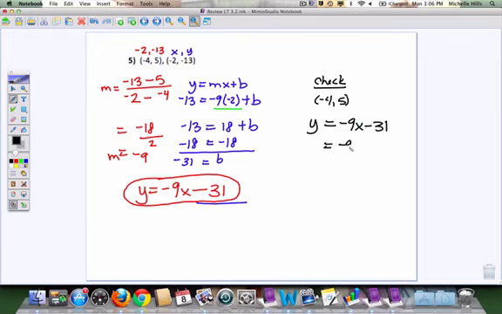Well, if I take negative 9 times my x value of negative 4 and subtract 31, I get positive 36 minus 31. And 36 minus 31 is positive 5. So does my y equal positive 5? Yes, it does. So that's the equation of my line. If I found that y wasn't positive 5, I'd need to go back to my original problem to find where I made the mistake.